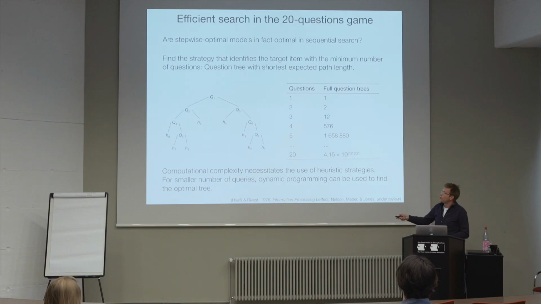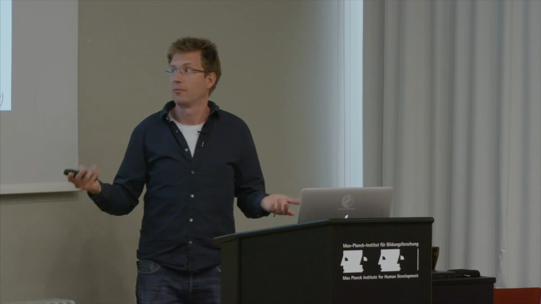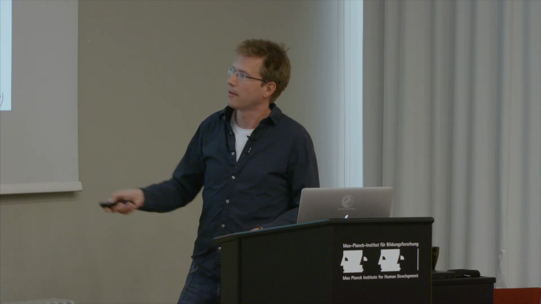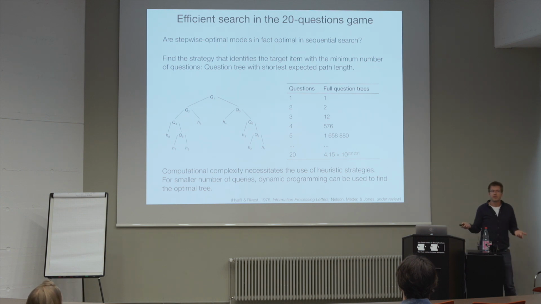And for a smaller number of queries, you can actually identify the globally optimal solution, so the tree with the maximum expected path length reduction, but that doesn't work in general. So here we have a simple problem, but in fact it's completely intractable. And there's an analytic proof for that, and I can also show you how it works in a more intuitive way, but I think the bottom line is clear. The problem is essentially too complex.